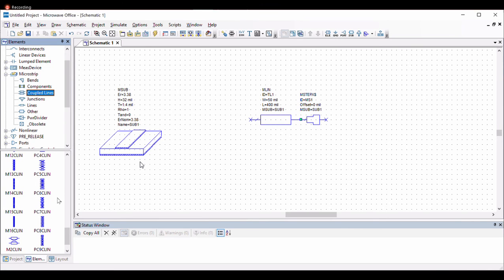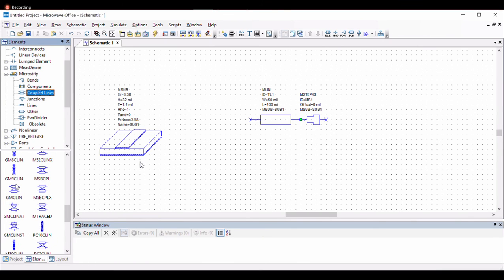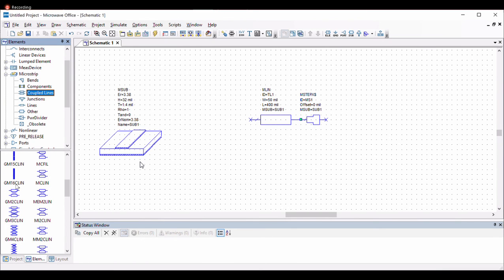Let me pick out the 2. MC filter is fine. MC lines too, right? Like this. And here it tells you the width, the spacing between the 2 lines that you can control, and the length.